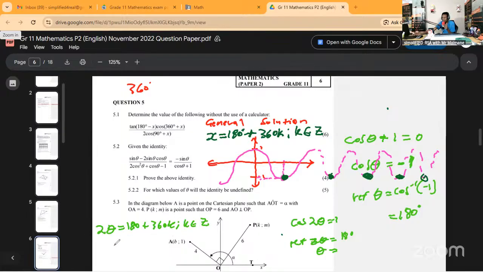I must divide by the 2 all the time. So it will end up being theta equals 90 plus 180k, k being an element of Z, but it's the same solution, you see.